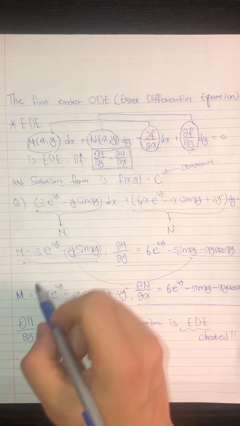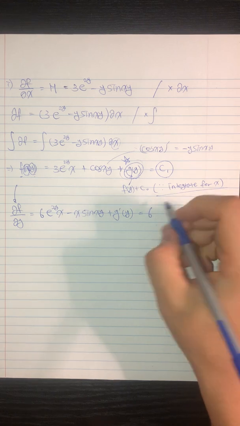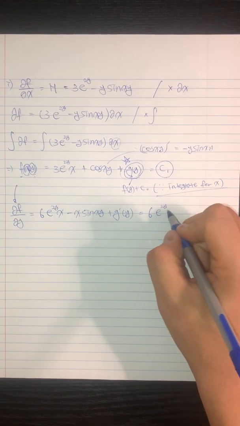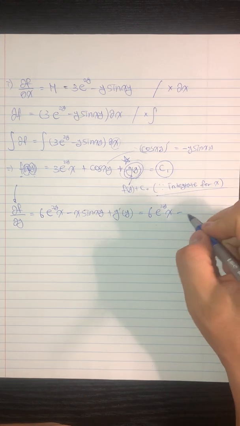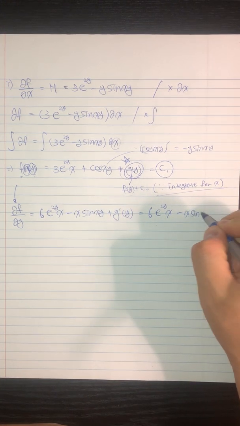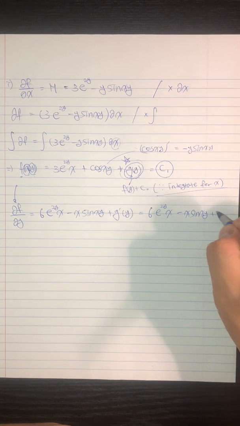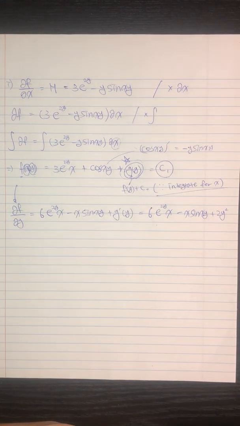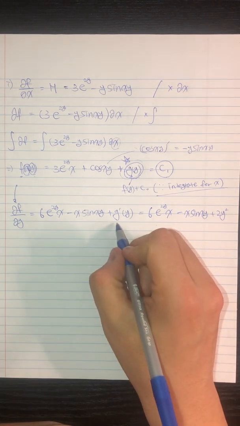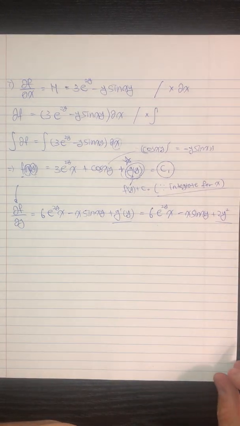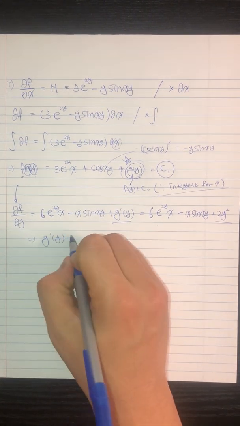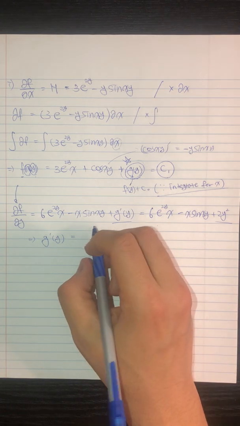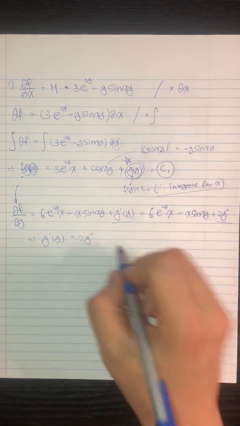So what is N? N is this one: 6x e^y minus x sin(xy) plus 2y squared. So we can see this term is exactly the same, so g'(y) is 2y squared.